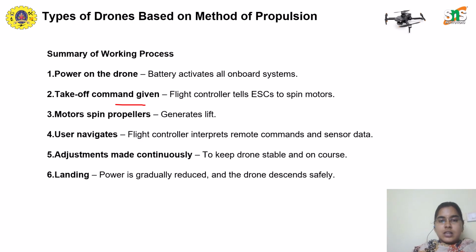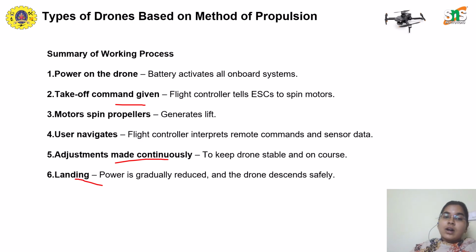The user navigates. Now it has lifted, but you have to navigate in any direction, so the flight controller interprets the remote commands and sensor data. Adjustments are made continuously to keep the drone stable and on course.